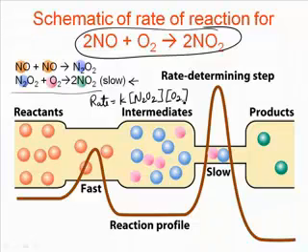Well, what's the problem with that? Right here: we've got an intermediate in our rate law. Can't have that. We can't have something in our rate law that isn't in the overall reaction, because there's no way that our experimentally determined rate law would match this rate law for the mechanism.